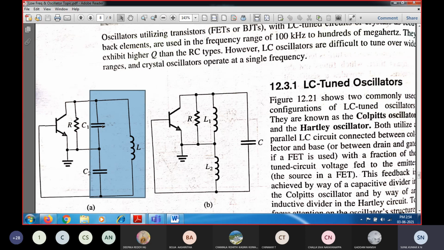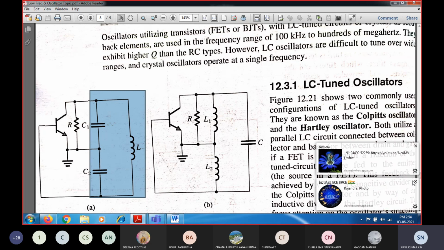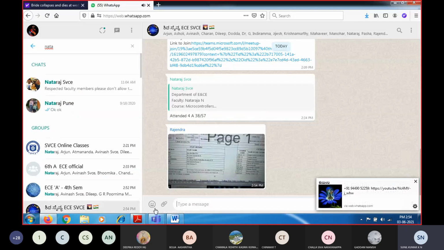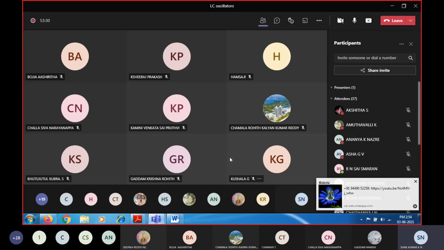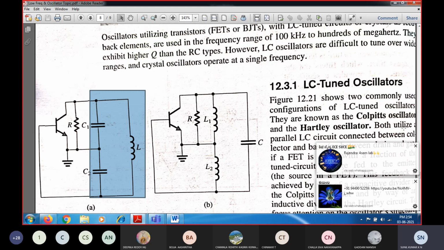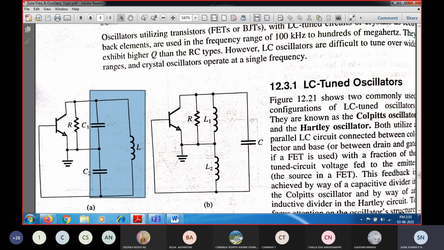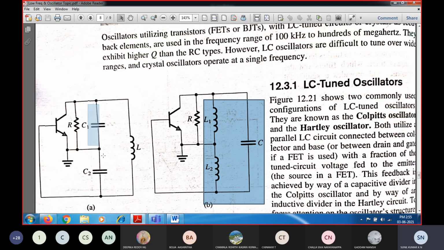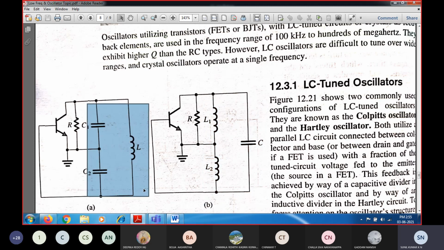What is the unit of inductor? Henry. So Henry stands for inductor. So you'll have two inductors and one capacitor in the feedback path. This is the Hartley oscillator, and the other one is considered the Colpitts oscillator.